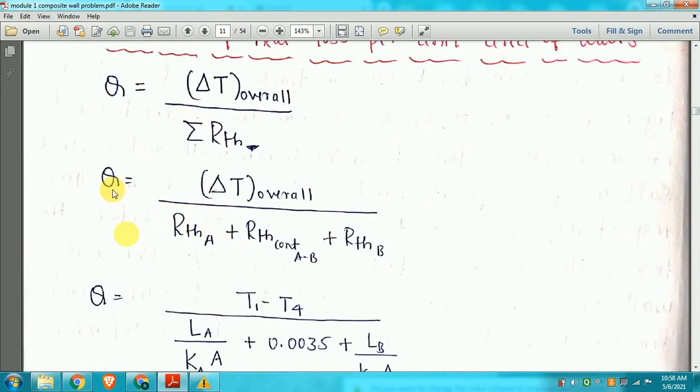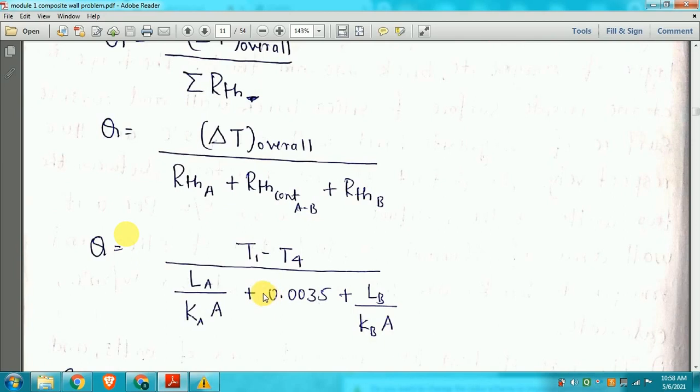See here, Q is equal to delta T overall, that is T1 minus T4 from first layer to last layer, divided by R_TH for the first layer, R_TH due to the contact resistance, which is known as thermal contact resistance, and R_TH for layer B. So Q is equal to T1 minus T4 over L_A by K_A, and so on.